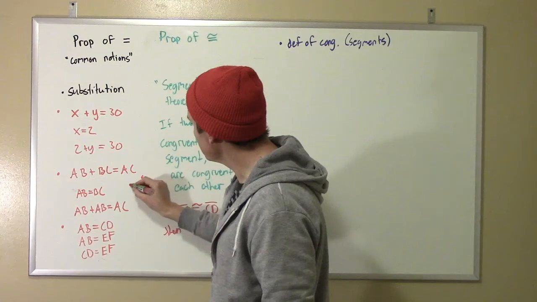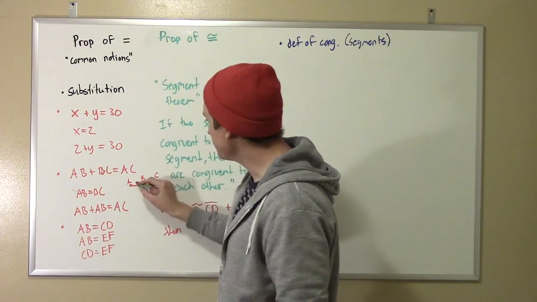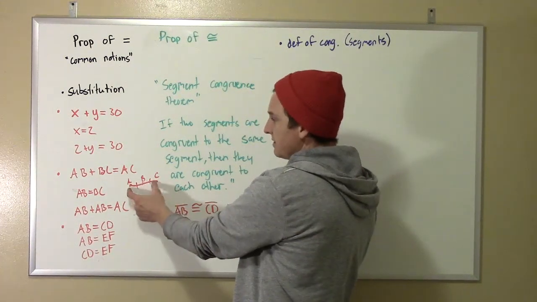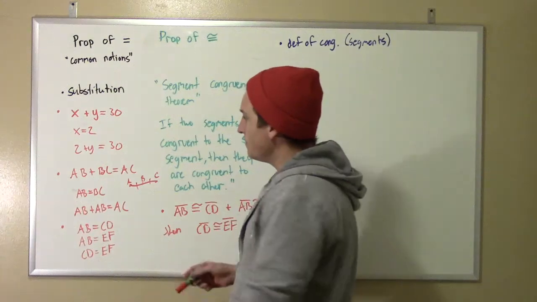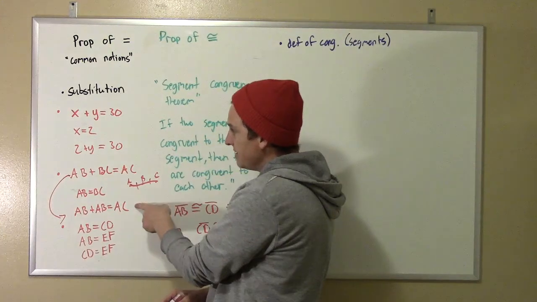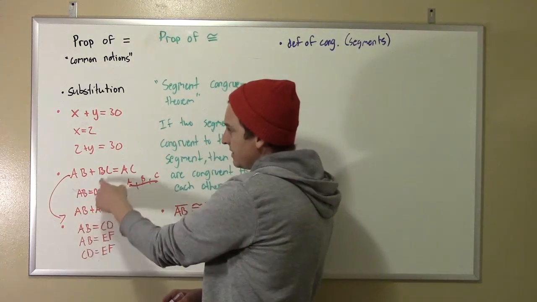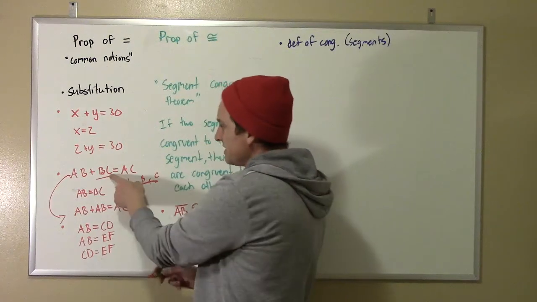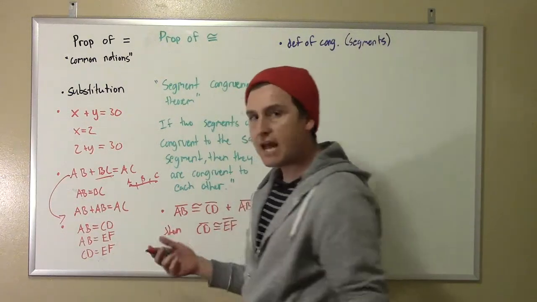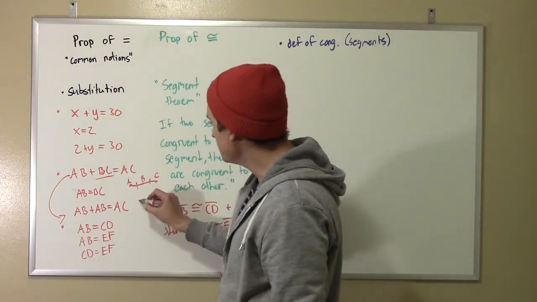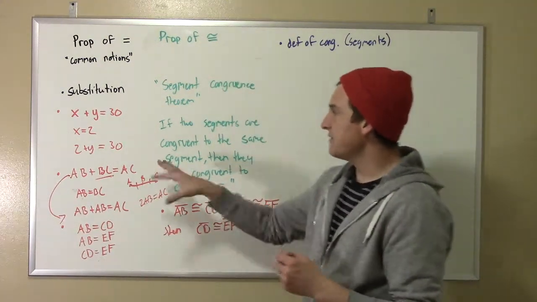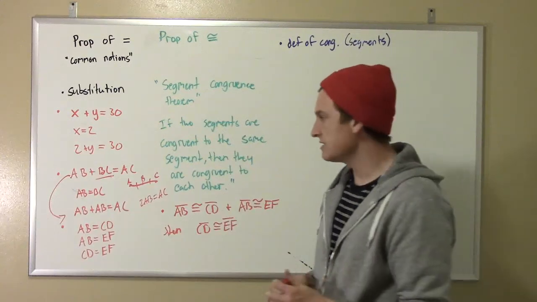So let's say AB and BC are equal to each other, but also AB plus BC equals AC. Well, I could take this original statement and rewrite it AB, AB, but instead of BC, I can replace BC with AB because they're equal to each other, and have that equal AC. We used that in a proof last week, and our final statement was 2AB equals AC. So that's how substitution works when we're talking about segment measurements.